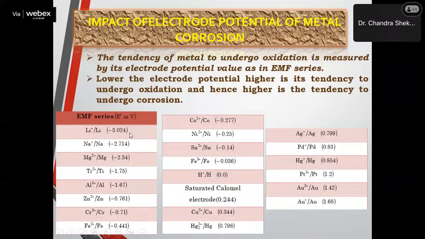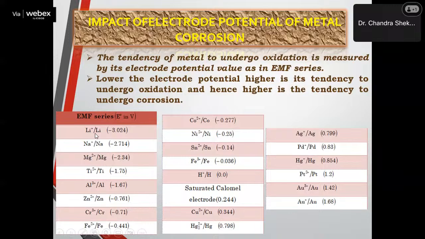At the top of the table in electrochemical series, you can find lithium metal. You all know lithium metal is highly reactive. Therefore, if you expose lithium metal to the atmosphere, lithium metal would undergo corrosion within no time. Within just a fraction of a second, it undergoes explosive reaction with O2 and H2O present in the atmosphere.